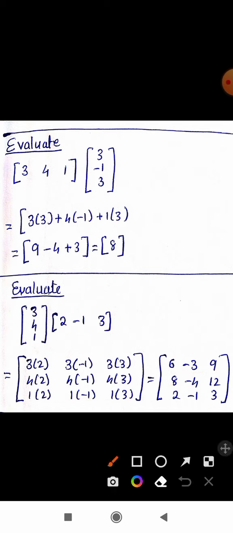Now this matrix is of order 3 by 1 and this matrix is of order 1 by 3. So we will get the matrix of order 3 by 3.